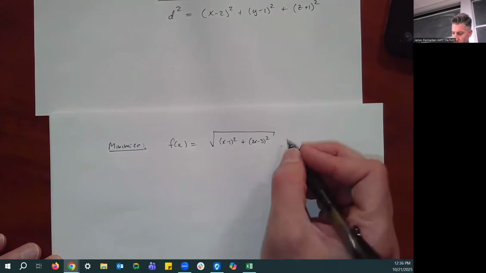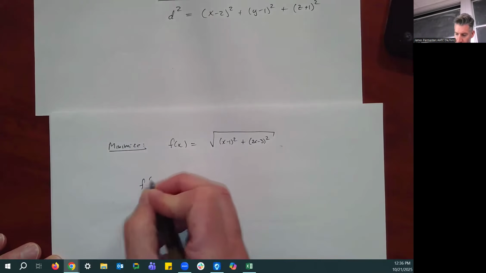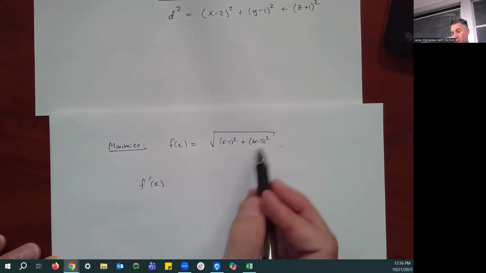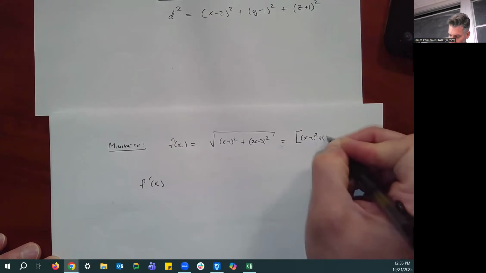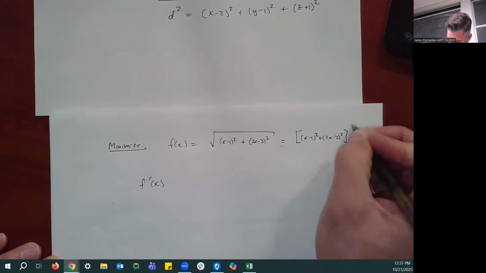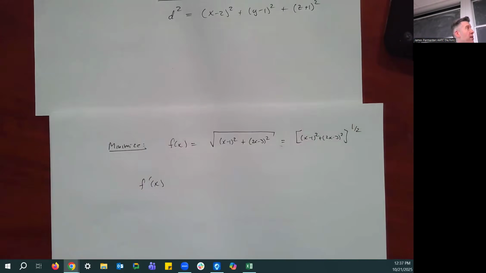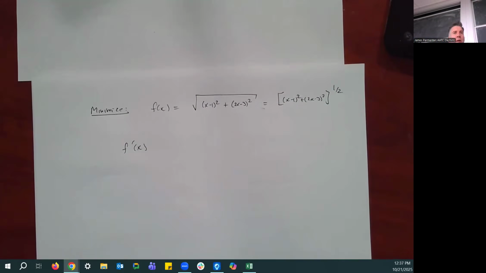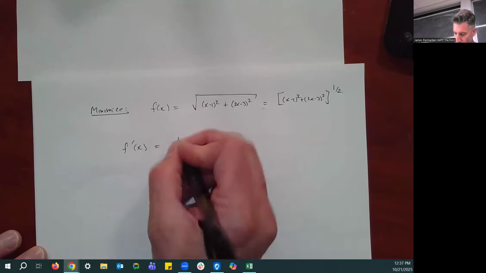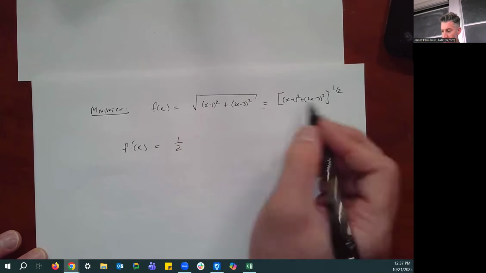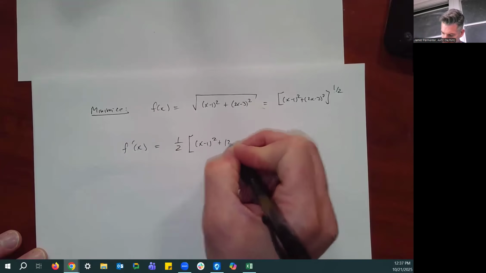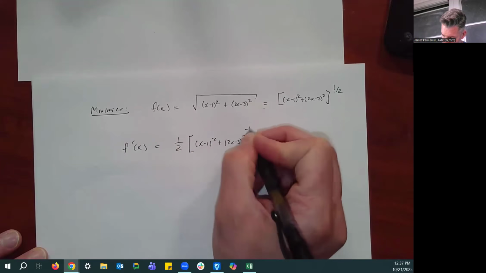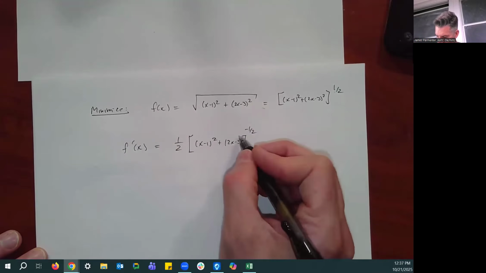If I take the derivative of this, my f prime of x, well, I've got a whole bunch of stuff, x minus 1 squared plus 2x minus 3 squared to the 1/2 power. And my derivative, you do not need to write this down, by the way, because it's really not that important, except I'm making a point. The derivative of this stuff to the 1/2 power is 1/2 times all that stuff to the negative 1/2 power, which means it's going to end up in the denominator.